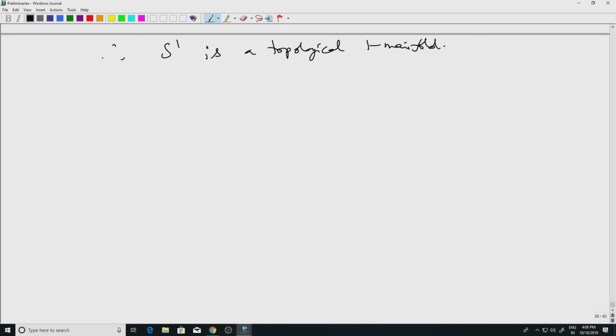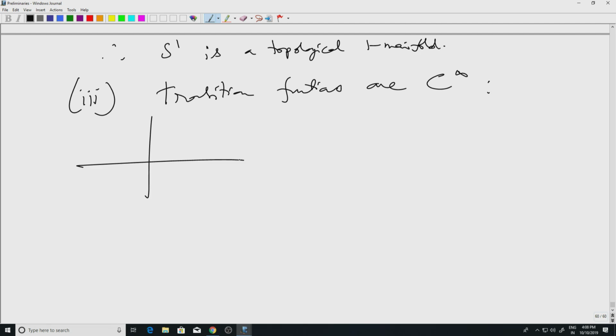Now the last step would be to show that the transition functions are C infinity. First of all, let's just quickly observe what possible transition functions can arise.